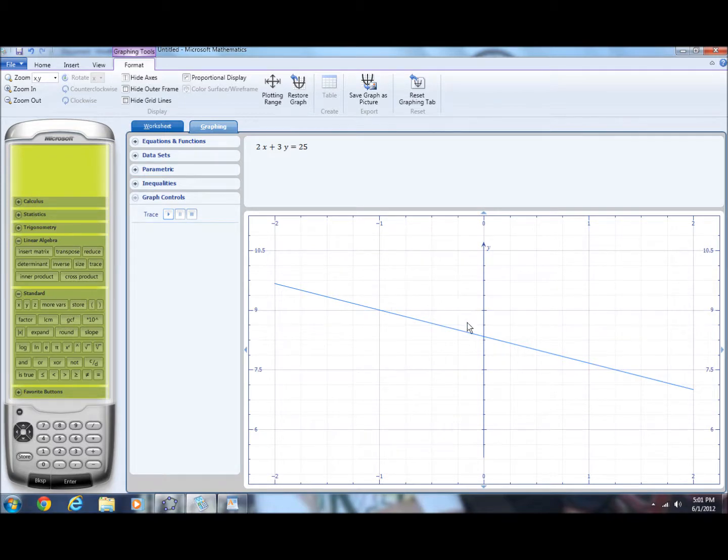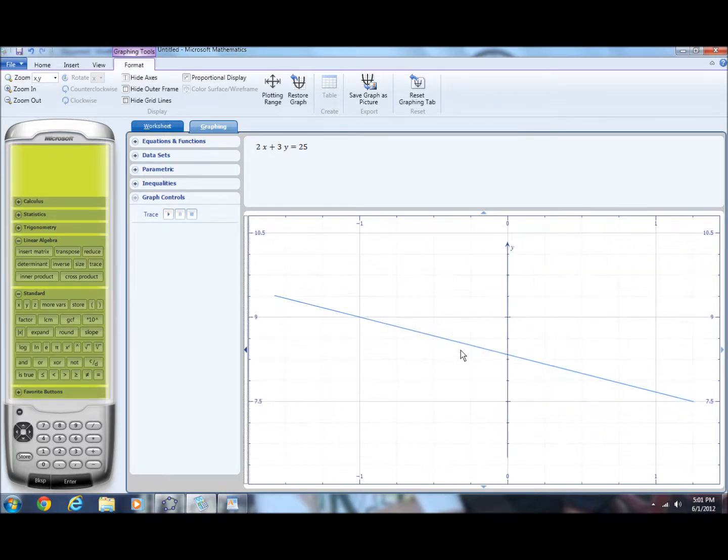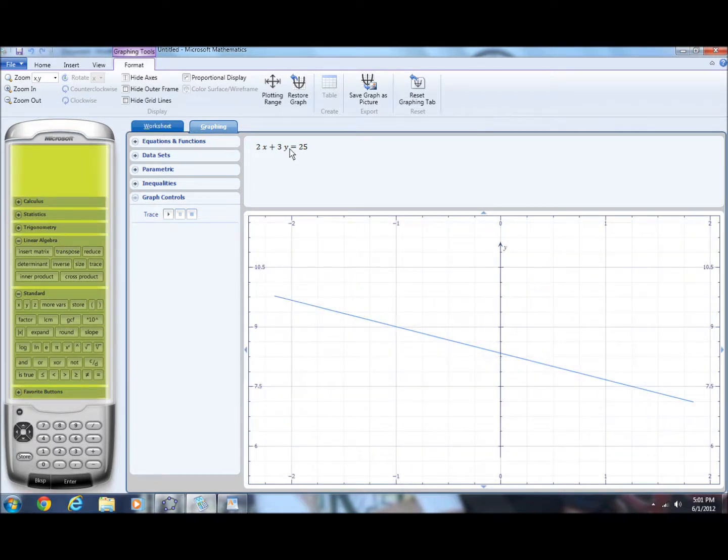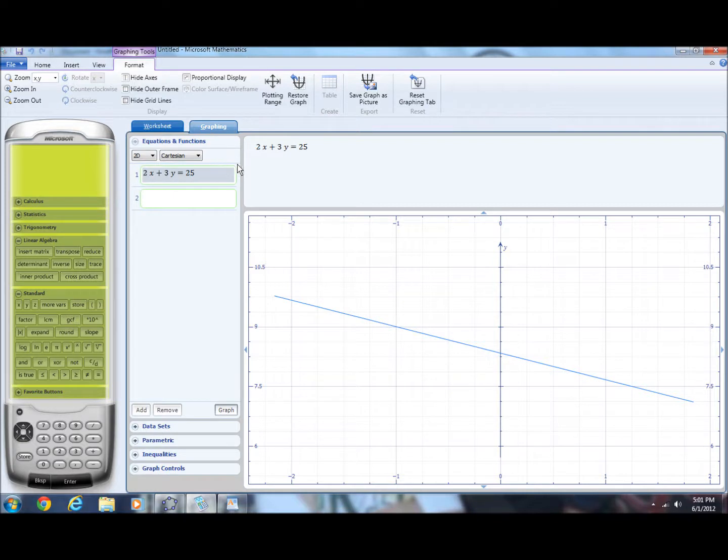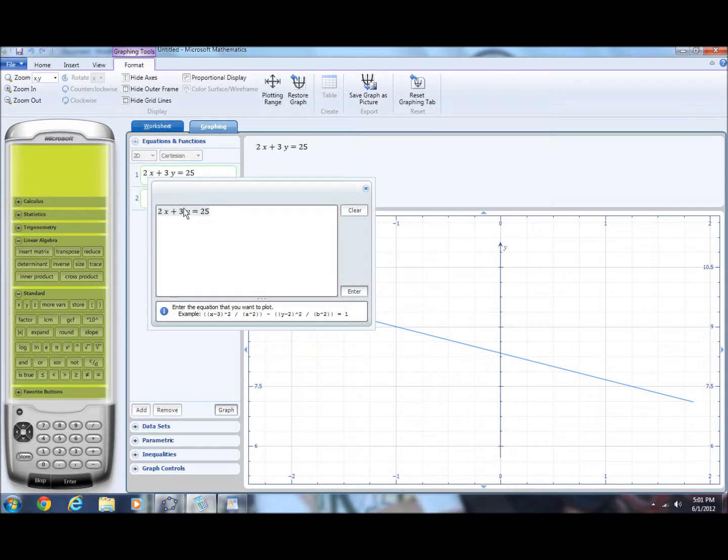As you can see, we have a graph here. 2x plus 3y equals 25. Alright, so now, what is the x-intercept? You'd have to do 25 divided by 2, aka c over a, in order to find the x-intercept. C over a would be 12.5.